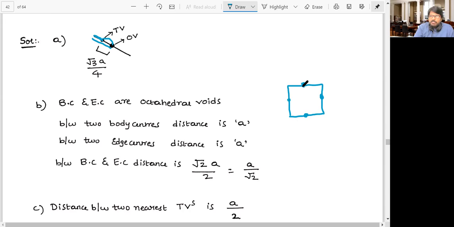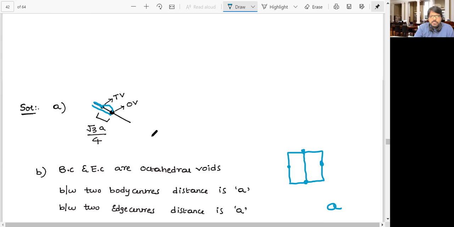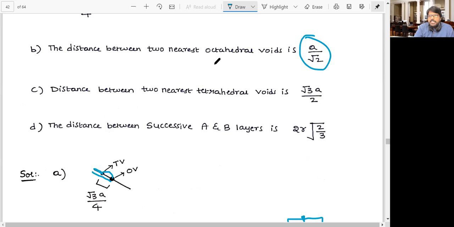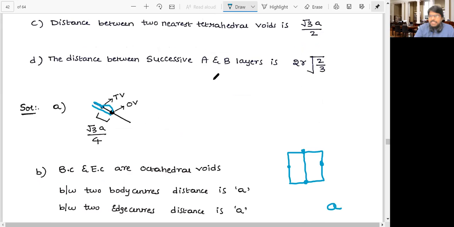Sir, why are you taking edge center? Because edge center is an octahedral void. And if you take these two octahedral voids, they are separated by what distance? A. But what is he saying? The distance between the nearest octahedral voids, nearest.